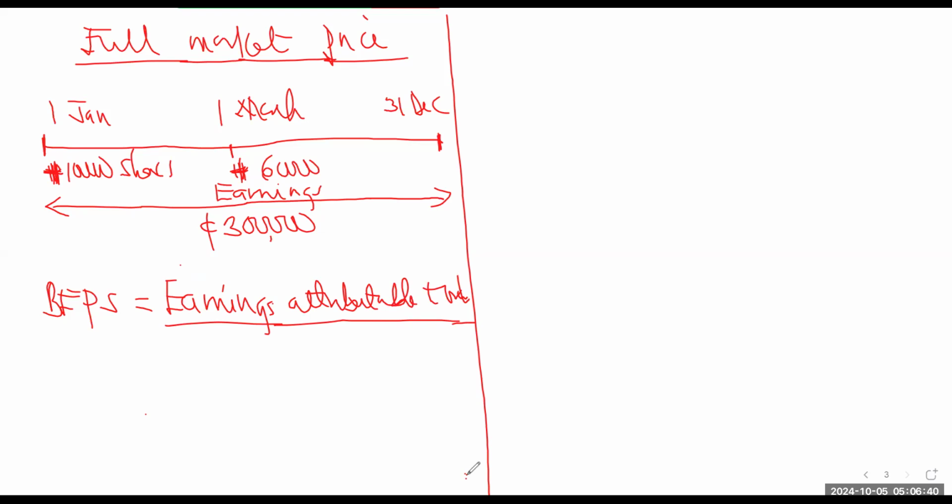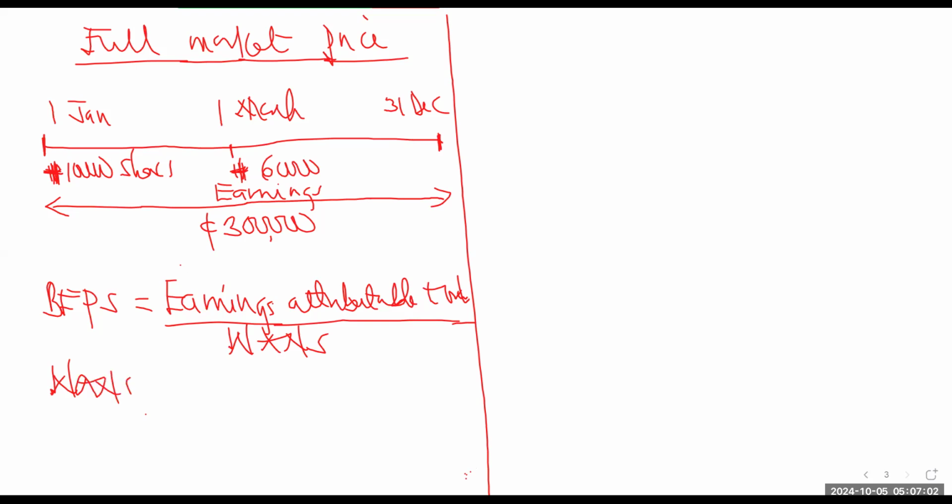We are getting the profit for 300,000, which is from the beginning to the end. So what is the actual number of shares that has generated a profit of the 300,000? So we have to determine our number of shares now.